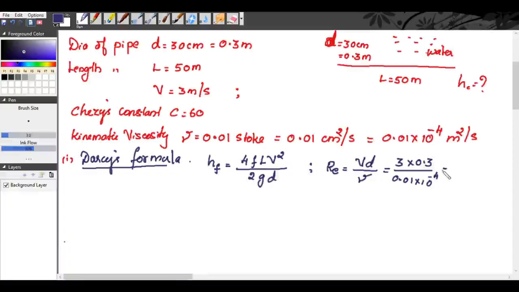From which we get the Reynolds number equal to 9 into 10 to the power of 5.